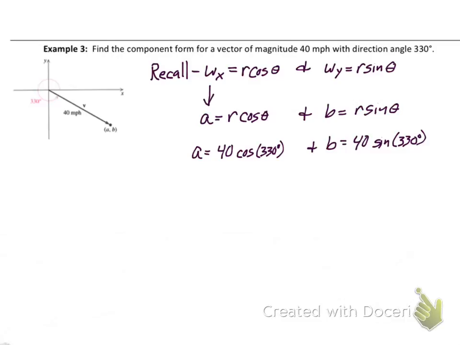And my two answers are going to be: a was about 34.6, and b was about, oh, is it actually exactly negative 20, which means it's just like our xy values, except we're going to use arrow brackets. We'll have 34.6 and negative 20, because recall those arrow brackets tell me it's in component form.